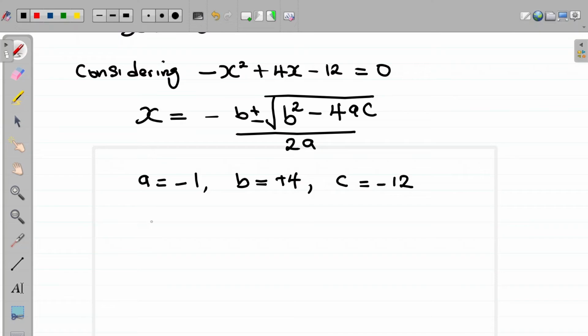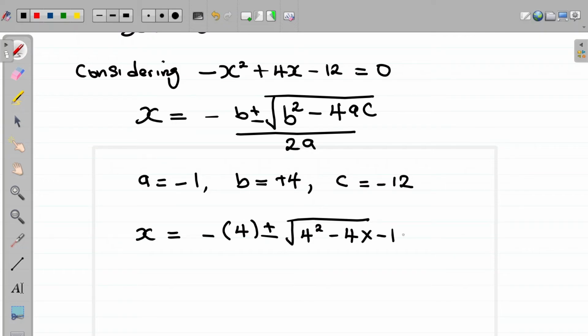So upon substitution, we have that x will be equal to minus 4 plus or minus root of 4 squared minus 4 times minus 1 times minus 12, all divided by 2 times minus 1.